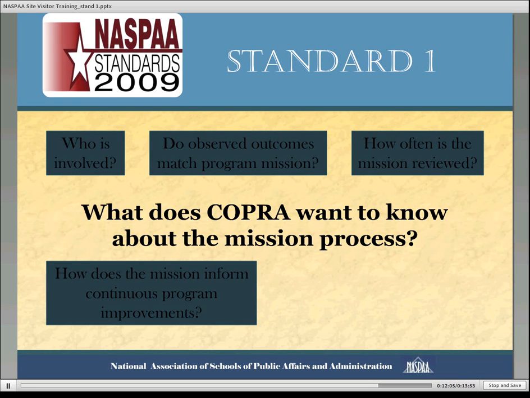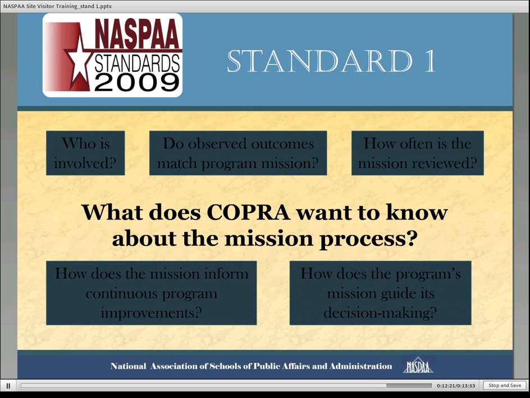All programs have lots of opportunities, in some cases way too many opportunities to pursue, and the trick is, how does the program decide which opportunities to pursue, what resources to apply? All programs are resource constrained. How does it make those decisions? What processes does it have in place? And it should be linked to their mission and to their public service values.